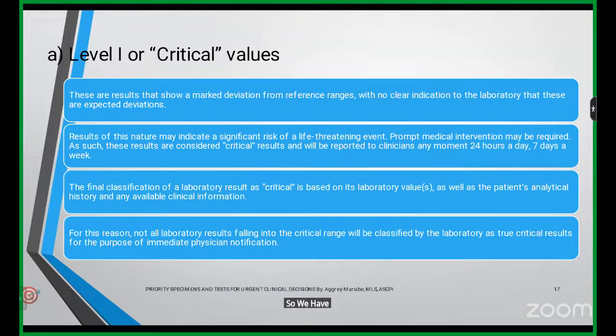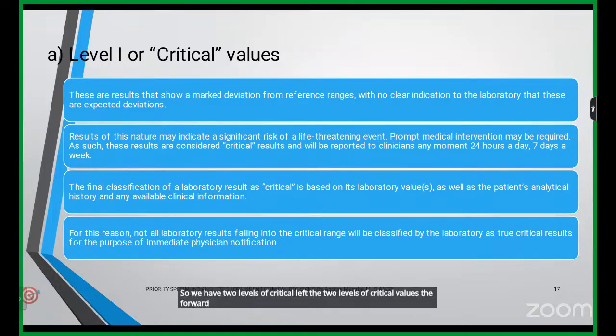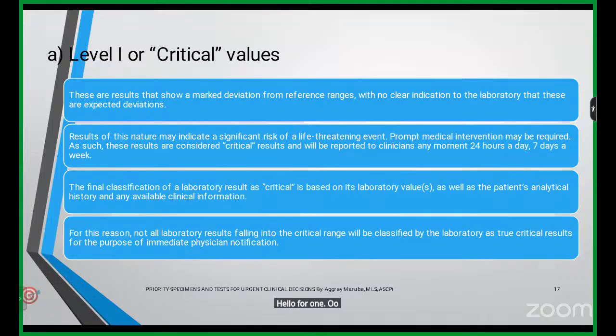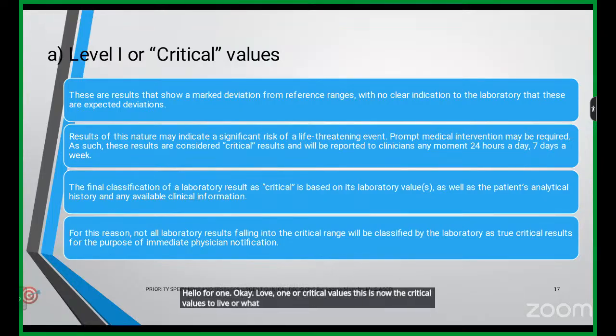So we have two levels of critical values. Level one, these are the critical values. These are results that show a marked deviation from reference ranges with no clear indication to the laboratory that these are expected deviations.